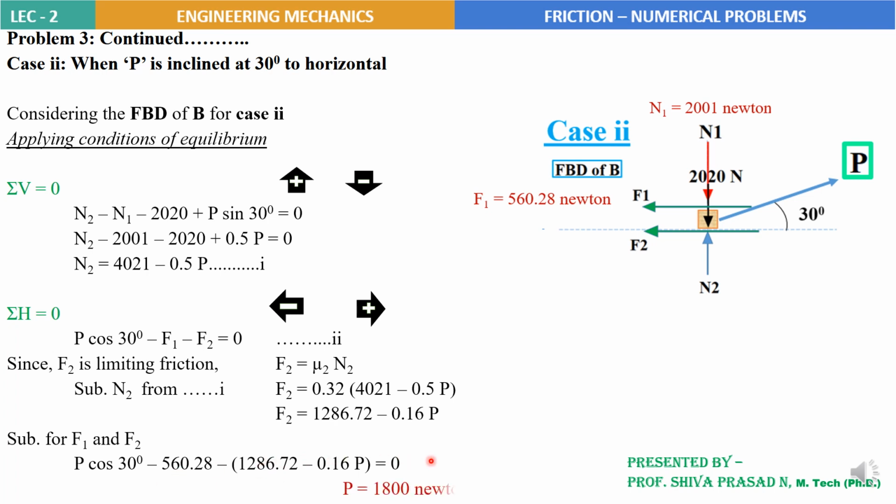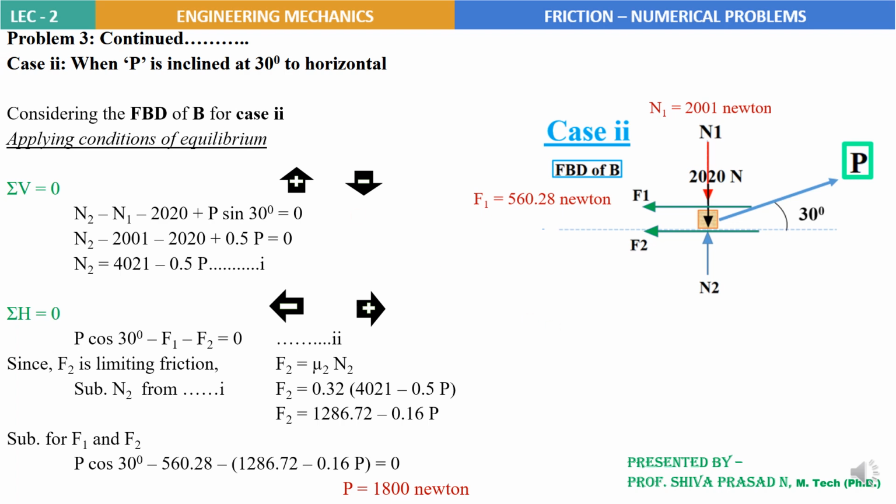Solving this, we get the value of P to be equal to 1800 Newton. So this is the value of P required to cause impending motion of block B when it acts at an inclination of 30 degrees with horizontal. So this completes the solution for problem number 3.